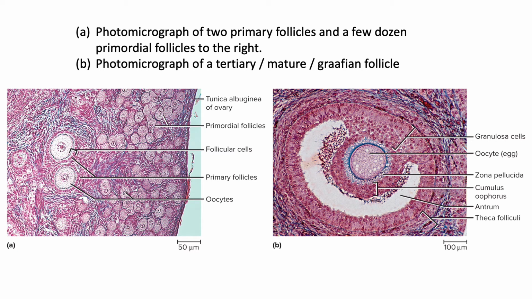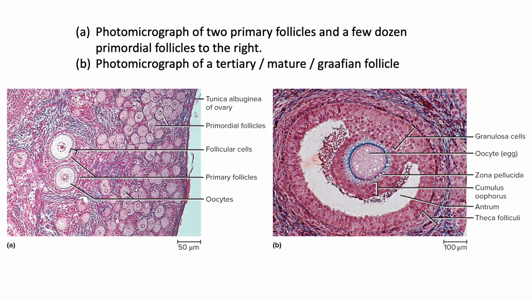Again, photomicrographs: you have primordial follicles in photograph A that hang out at the cortex of the ovary, and deep to that part of the cortex with the primordial follicles, you'll see primary follicles developing as well. Primary follicles are a little bit larger, and they have a nice row of simple cuboid follicle cells surrounding them.